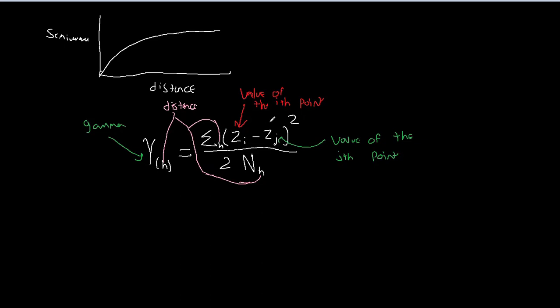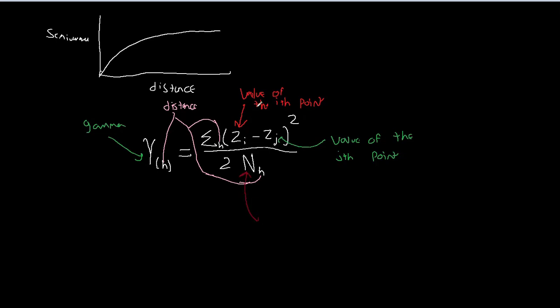So what this top part is doing is saying, for all points that have that distance, so in this case point i and point j are h distance apart, we're going to subtract their values and square it. And then we're going to divide by 2n sub h.